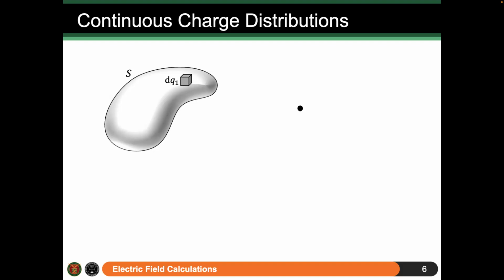This dq1 will have a distance r1 from a point P. So if this S is our source and this point P is our point of interest where we want to calculate the electric field due to the source, we have this dq1, an infinitesimal charge with a distance r1. That will be your r1 hat, the r hat direction. And this will contribute an electric field at point P, dE1.